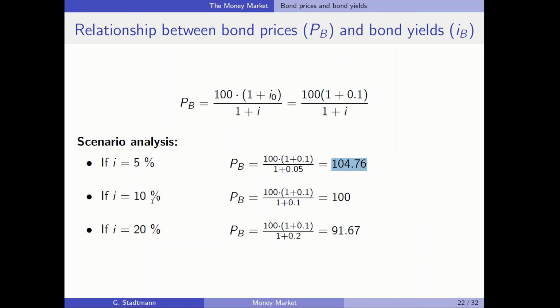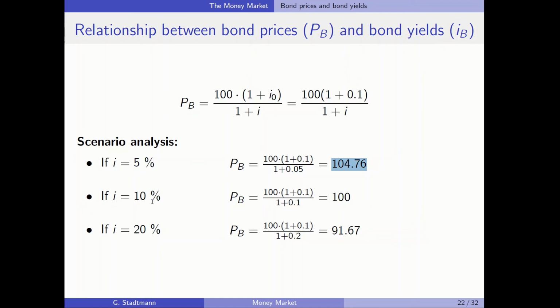In case that the interest rate today is at the level of 20%, then of course the new bond has better characteristics than the old bond, and the old bond will be traded at a discount, and we can quantify here the discount. The discount is about 8 euros, so the price of the old bond will be equal to 91.67.